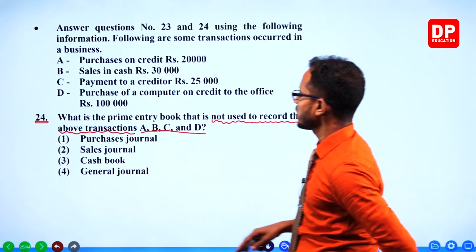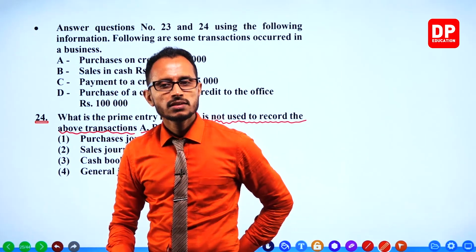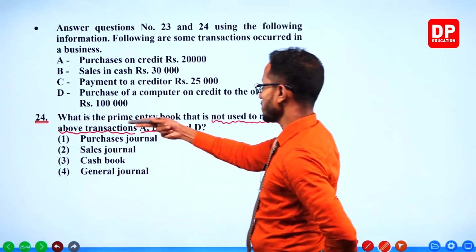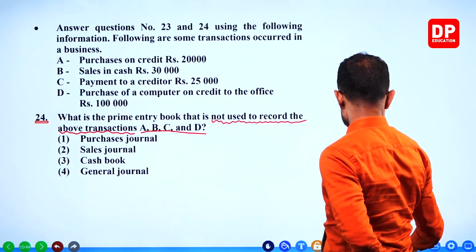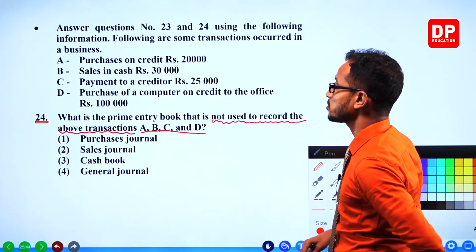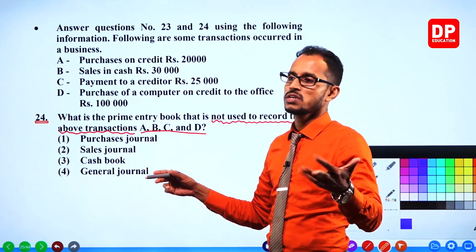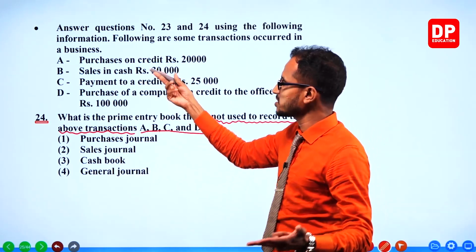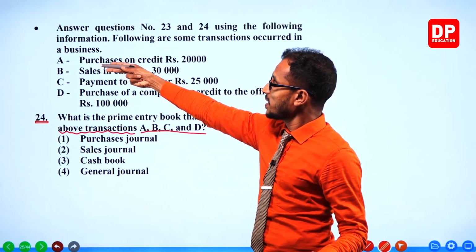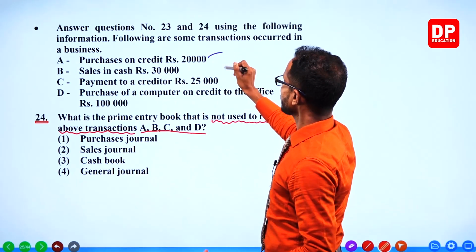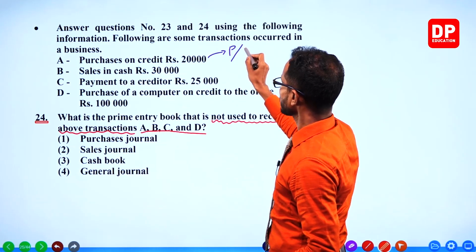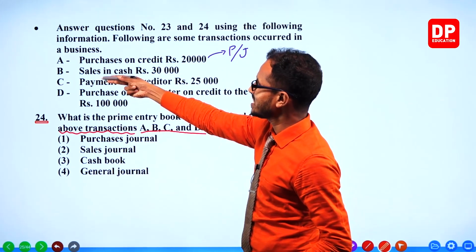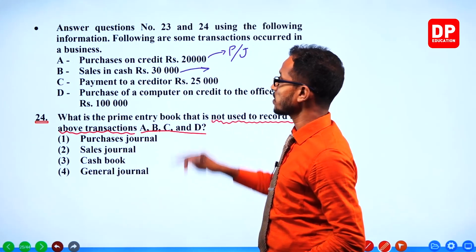Let's mark the prime entry books which you must use for these transactions. Purchasing on credit is recorded in the purchases journal. Sales in cash is recorded where?